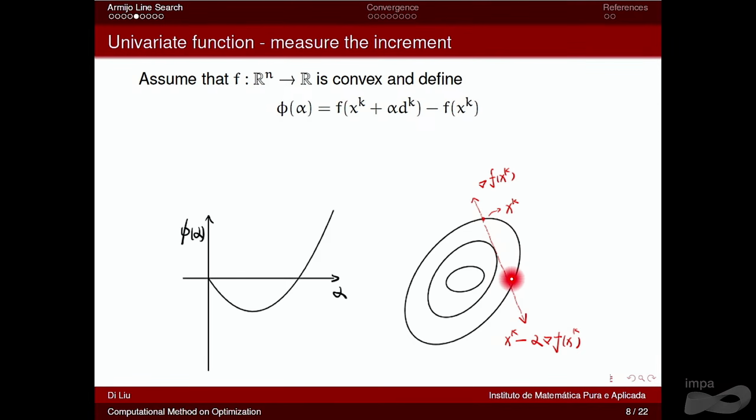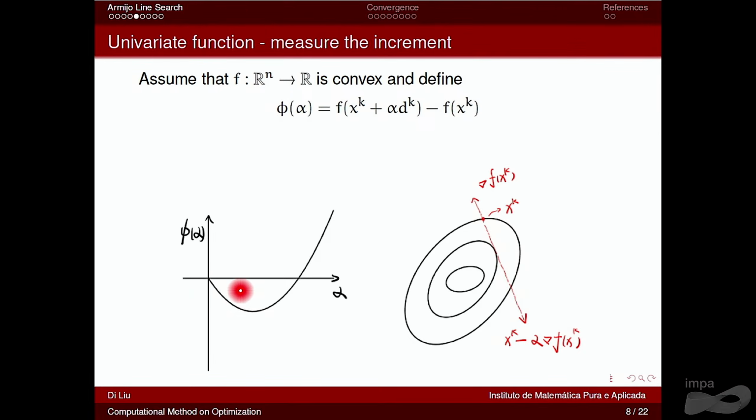Until this point, you will arrive at the same level curve, the same level set. So at this point you have the same function value, which corresponds to this point in the graph of phi(alpha). In the beginning, alpha equals 0, corresponding to this point, and when you increase alpha, the increment will be negative.